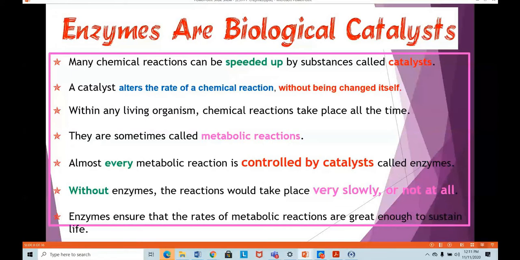Catalyst. Catalyst, very good. So how do you define a catalyst? The substance that speeds up the reaction. Yes, very good. It alters the rate of the chemical reaction. So when this is being done, does the enzyme get changed?